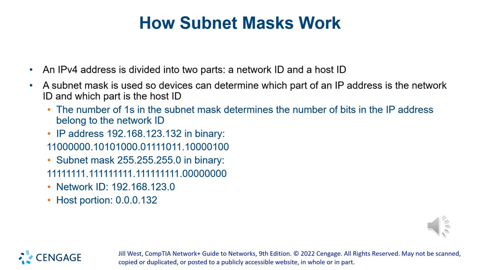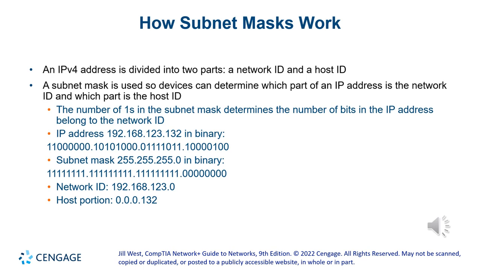So my subnet mask is 255.255.255.0. Remember, 255 is the highest number you can have in any octet of an IP address, right? This is all IPv4, right? So 255 means a whole string of ones, 8 ones: 11111111.11111111.11111111.00000000.